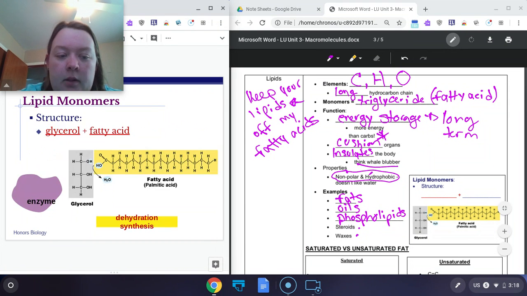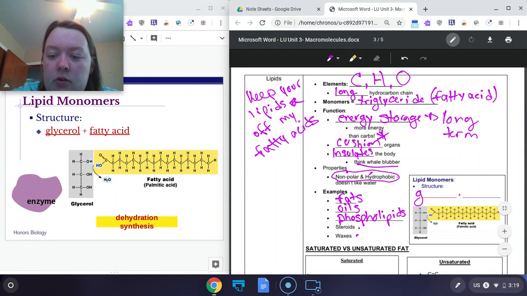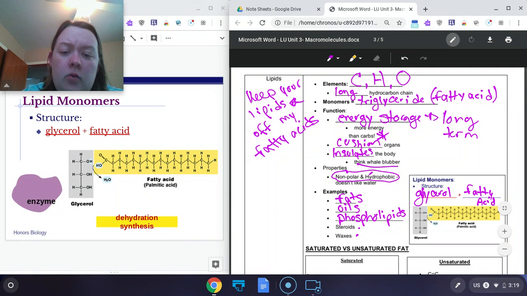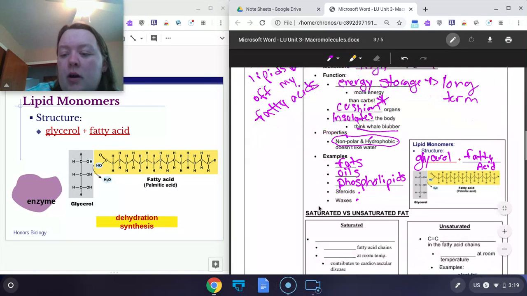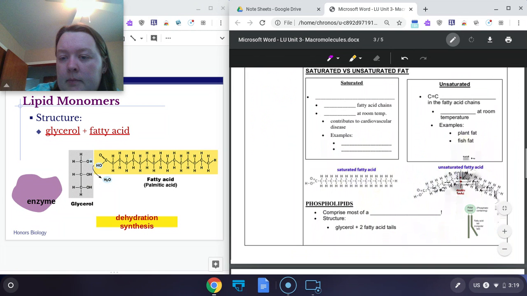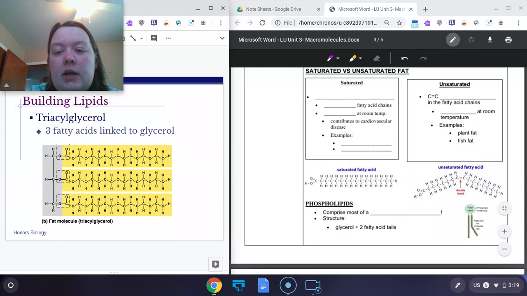And the structure of a lipid monomer is a glycerol molecule linked to a fatty acid. And lipids do come in two categories.